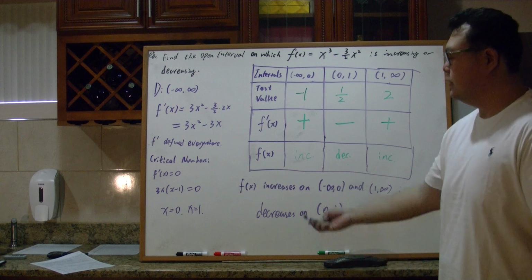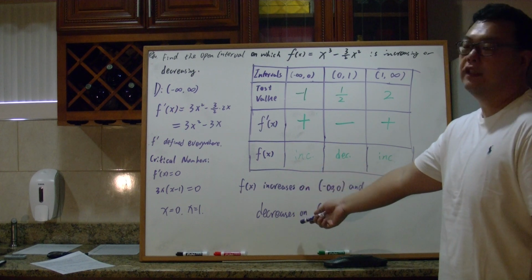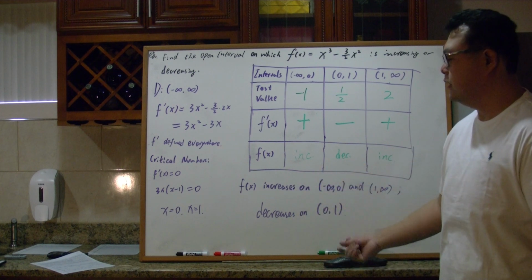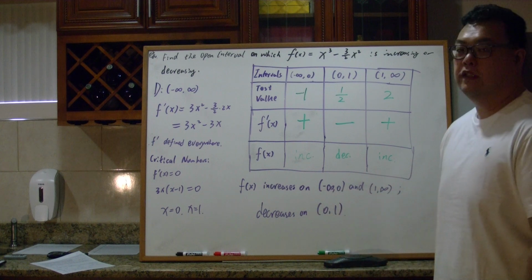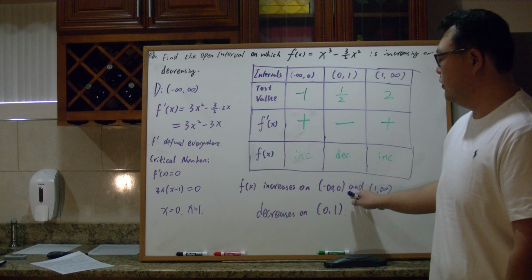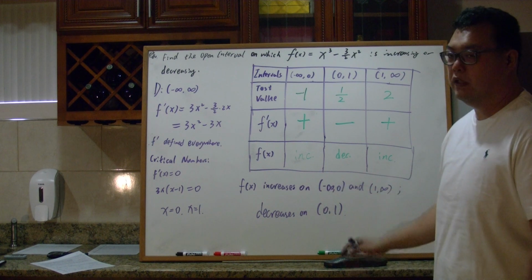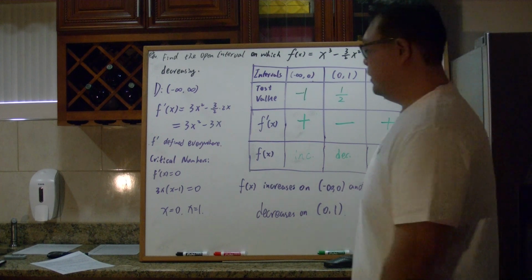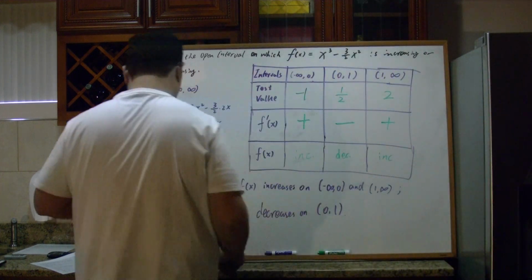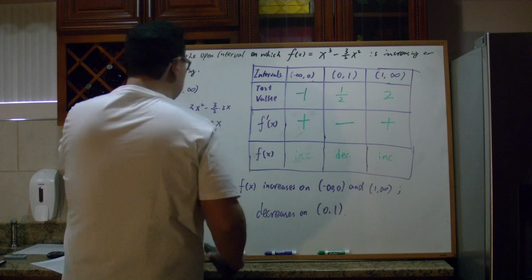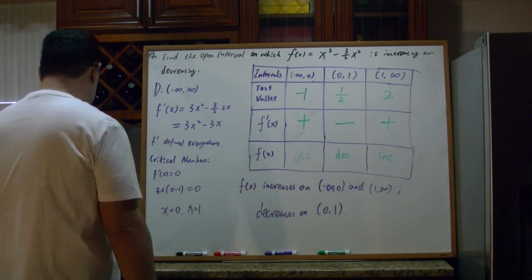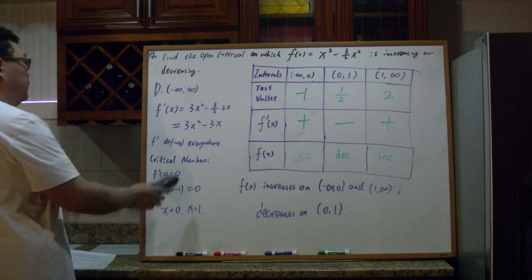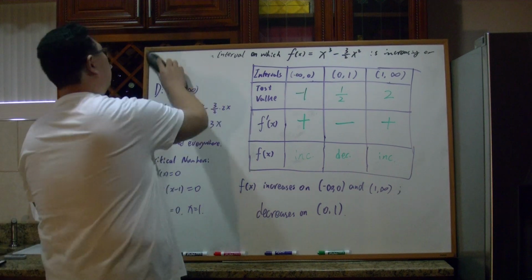Then write a sentence about the monotonicity, right? Increasing on certain intervals and decreasing on certain intervals. Try not to use union, just use the comma and. Since we break the intervals nicely, let's separate all of them.